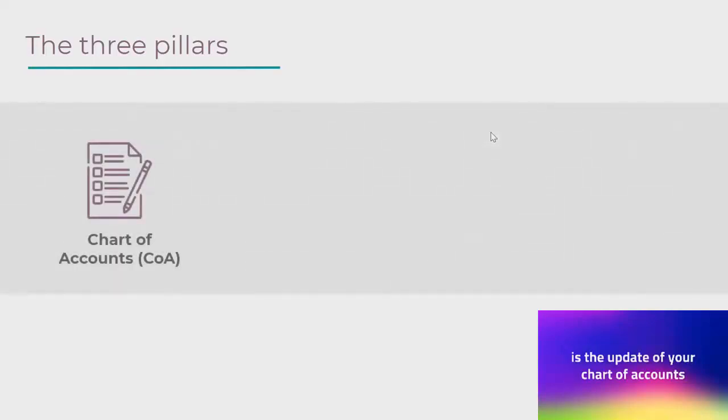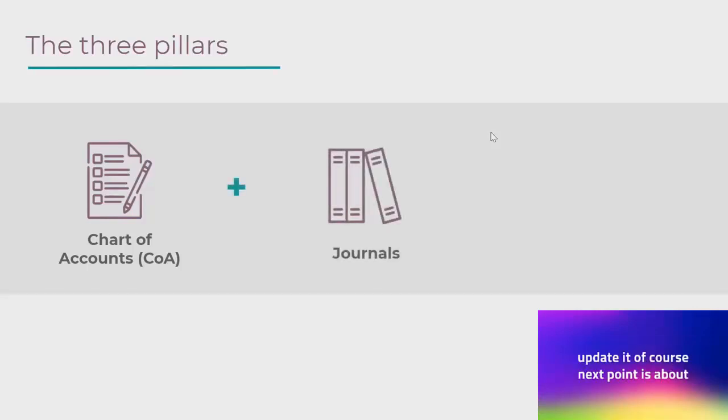This video we're gonna see together that basic setup to get your accounting live. There are three things that you is the update of your chart of accounts. Its specificities in their chart of accounts, their own accounts, and so on. So update it, of course. Next point is about. Update the existing ones and create new.